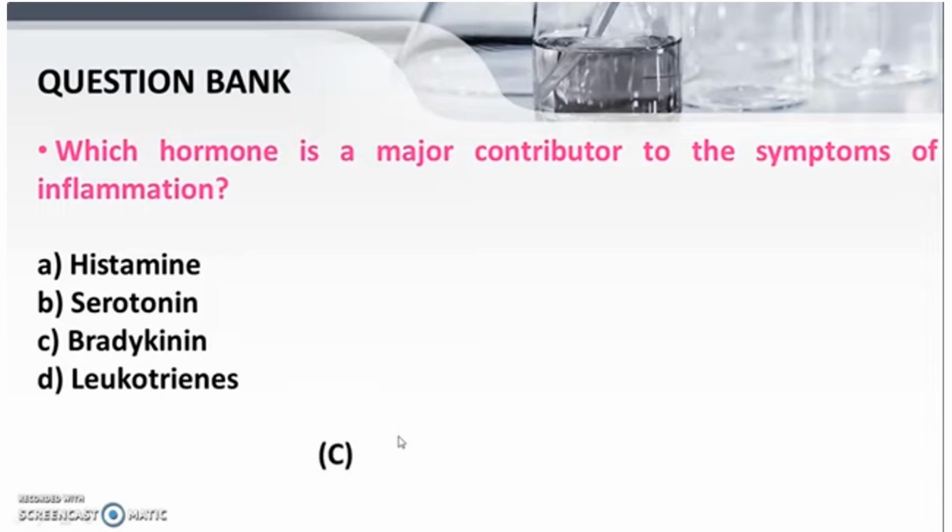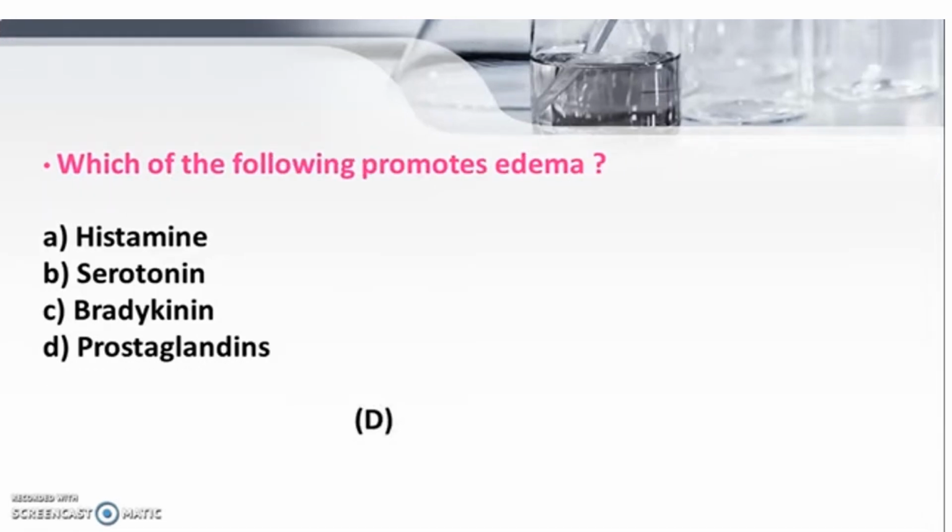Question number 1: which hormone is the major contributor to the symptom of inflammation? A. Histamine, B. Serotonin, C. Bradykinin, D. Leukotrienes. The major contributor is bradykinin, so the answer is C. Question number 2: which of the following promotes edema?